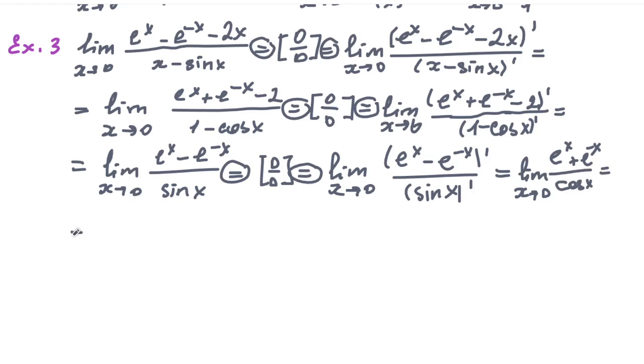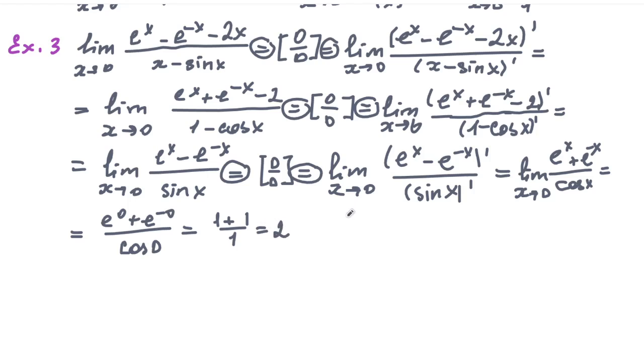And in the end, we can calculate e to the power 0 plus e to the power minus 0, it is 2, 1 plus 1, over cosine of 0, over 1. It is 2.